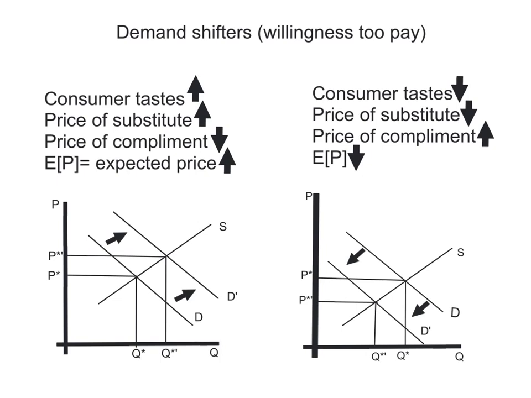Now, a pretty unique example of a demand shifter comes in the form of expected price. Now, this is pretty straightforward when you get a handle for it, but at first it can be a little confusing. So when we say expected price, we mean what will the price of this good be in the future?